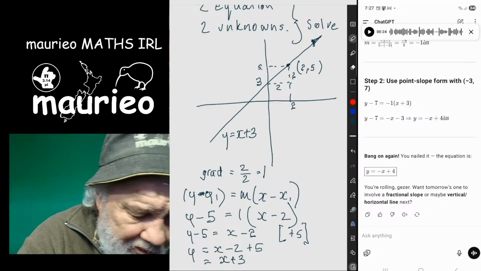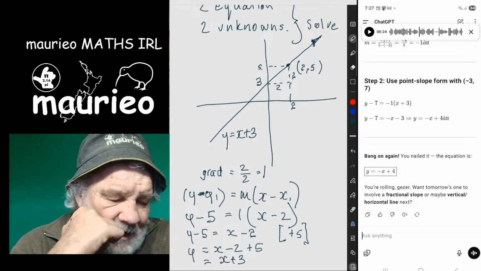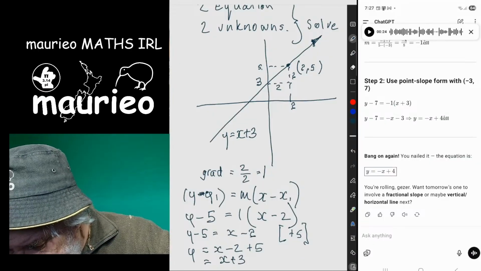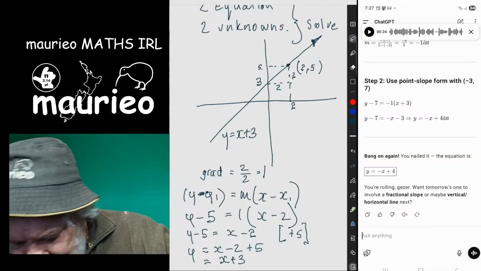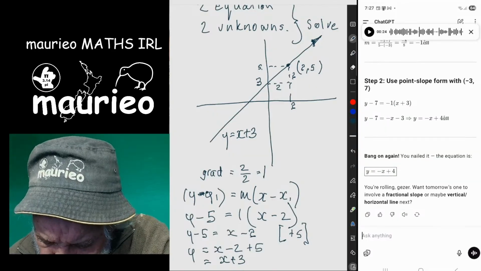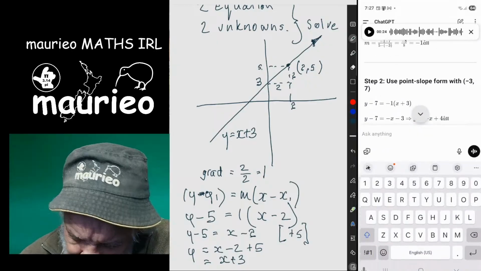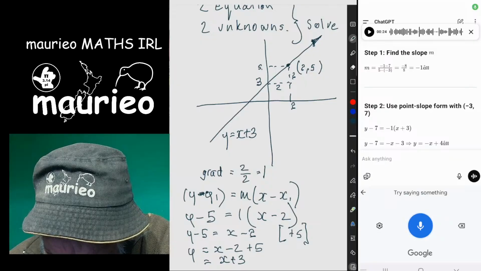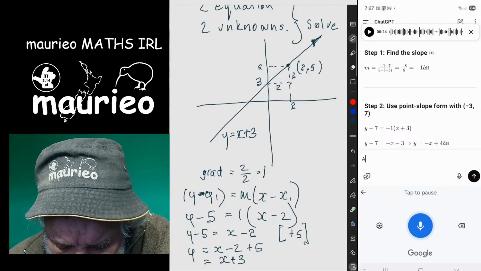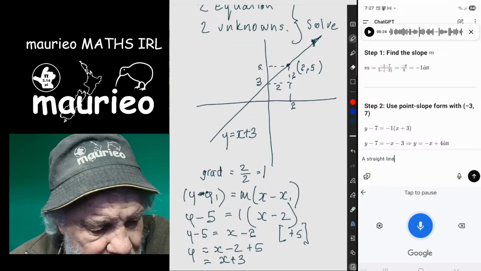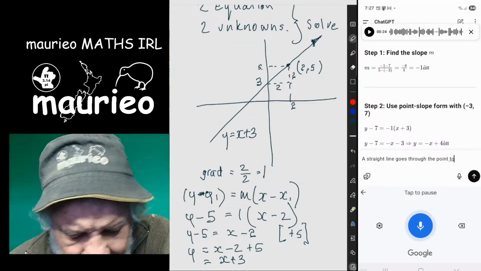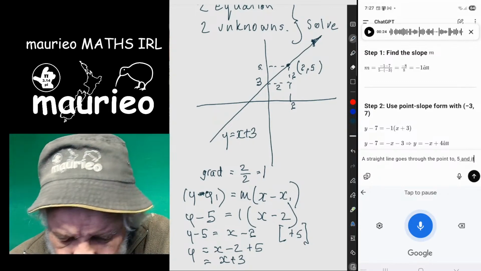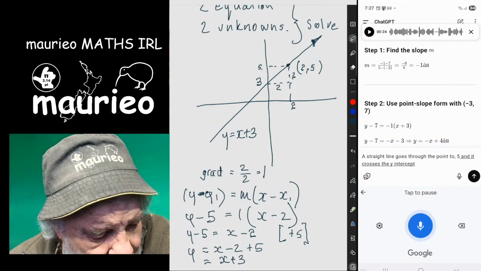And we could check that out using ChatGPT if we wanted to, just to make sure we've got it right. Especially if you're on your own, you can use this. So, a straight line goes through the point (2, 5), and it crosses the y-intercept at 2.